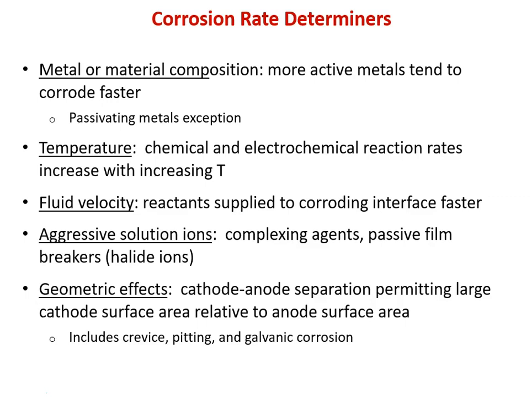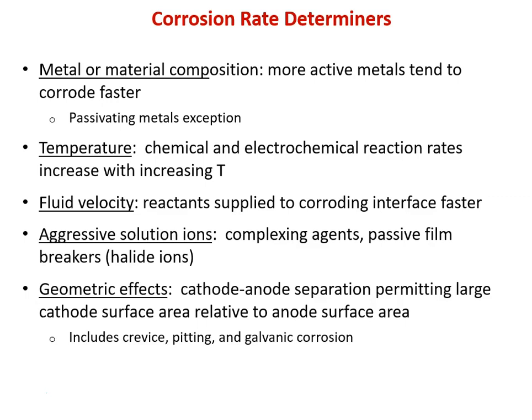Maybe we're going to be taking some part out of service before it loses too much cross-section. So we might want to be able to just kind of gauge and estimate what is going to be our metal loss rate, and use that to decide how we'll use Faraday's law to maybe relate corrosion current to metal loss.